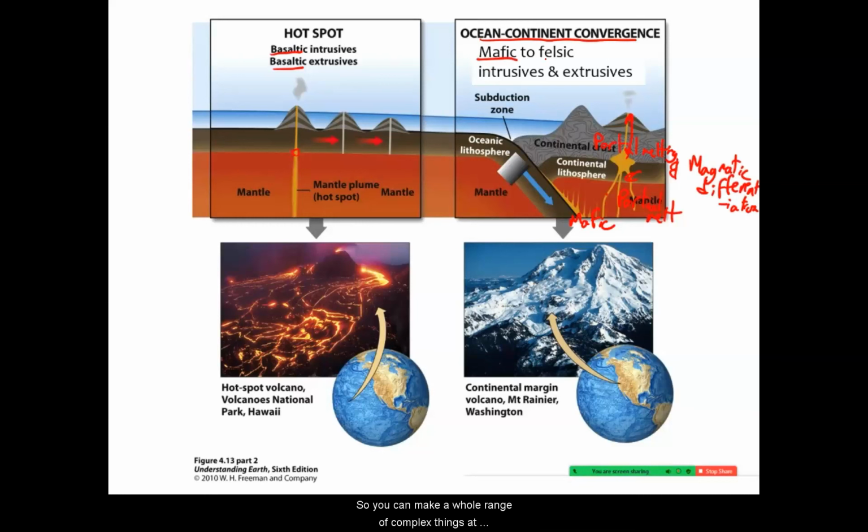So you can make a whole range of complex things at one of these boundaries as a result of both partial melting and magmatic differentiation.